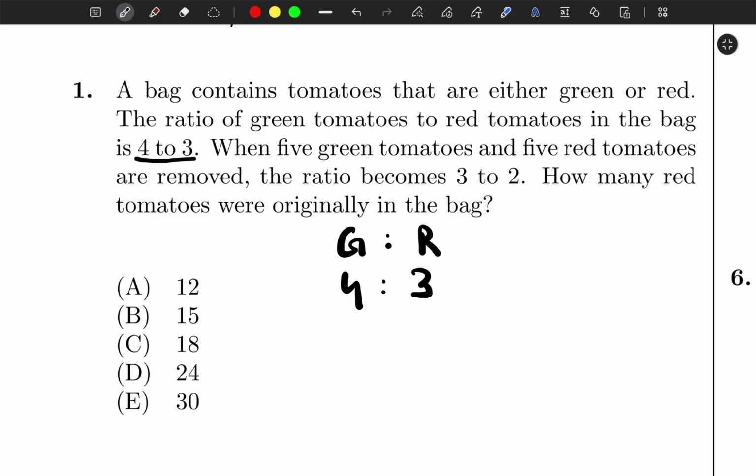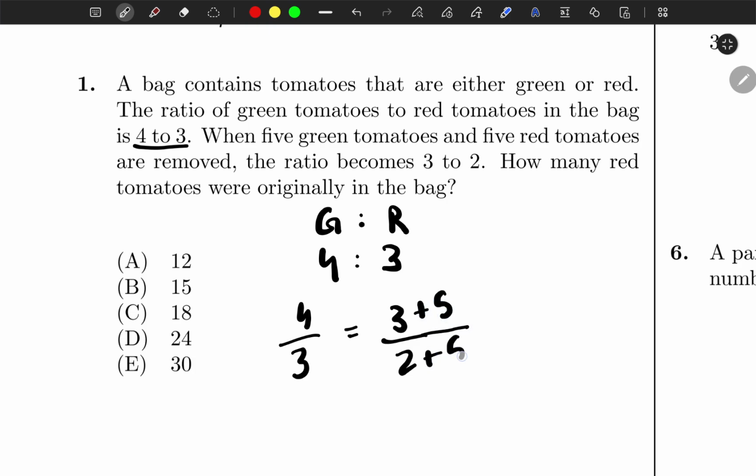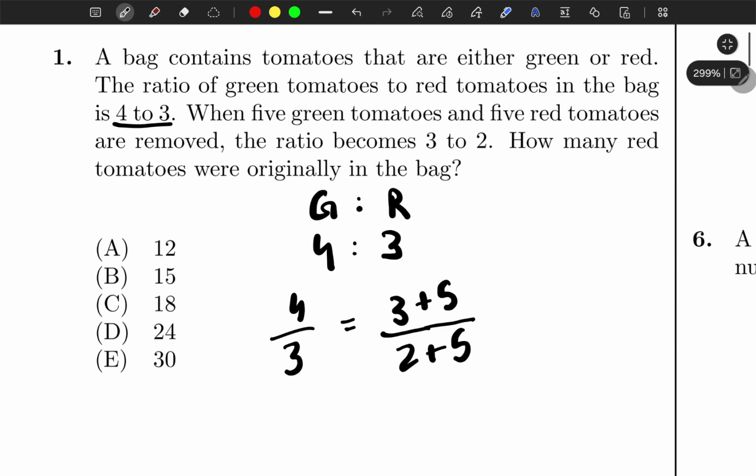So this is going to be a simple ratio problem. We can write this ratio in a fraction form like this, and we're going to say this is equivalent to 3:2, and then we're adding 5 on the top and adding 5 at the bottom as well. That is what I believe it should be equivalent to.